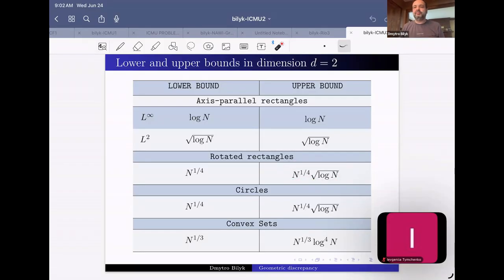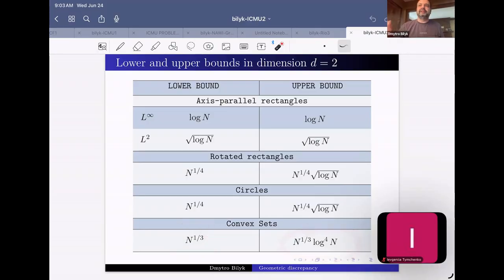You can see that, for example, in the case of rotated rectangles and circles, it's n to the 1/4 up to these additional logs. You already see that the behavior is quite different. When the family of test sets becomes even larger, when it's all convex sets, then the discrepancy becomes even larger, which is sort of natural.